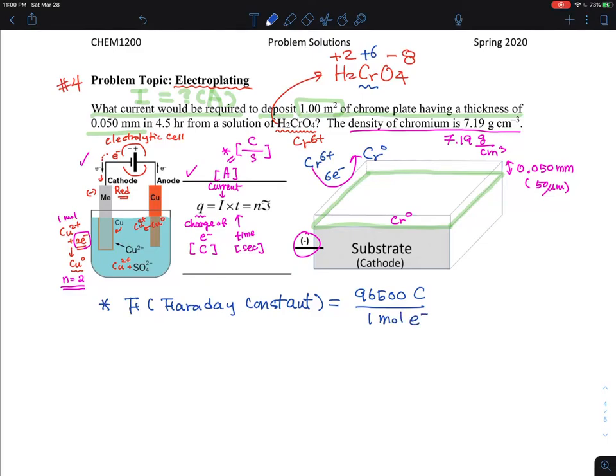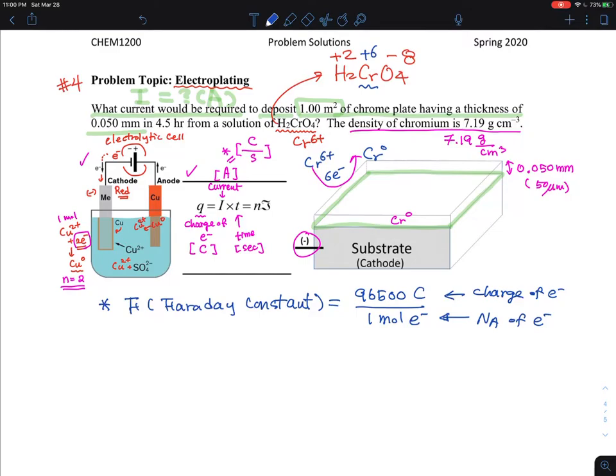It's nothing but the charge when you have 1 mole of electrons, Avogadro's number of electrons. That ratio turns out to be important to figure this out.